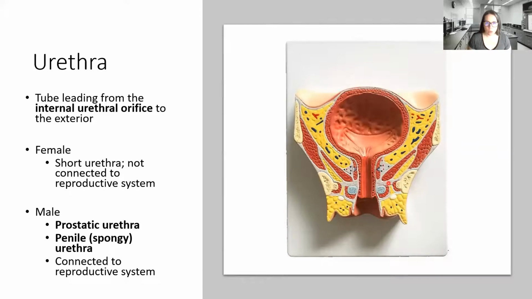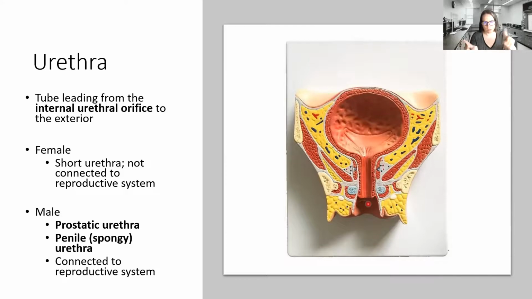What's really important to compare this week is to look at both the male and female pelvises so that you can see the difference in the urethra. So again, as we discussed in lecture, women, as you can see here, have a very short urethra, and it is separated from the vaginal canal, which you can see would be posterior here.